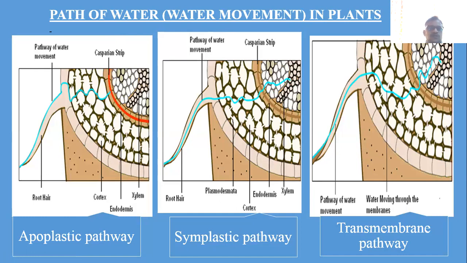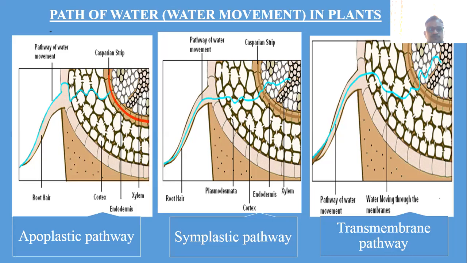All these are covered here, in which there are 3 different important pathways found in the majority of plants. The first pathway is called the apoplastic pathway. The second one is the symplastic pathway, and the third one is the transmembrane pathway.